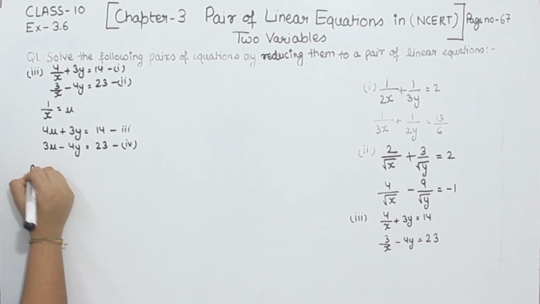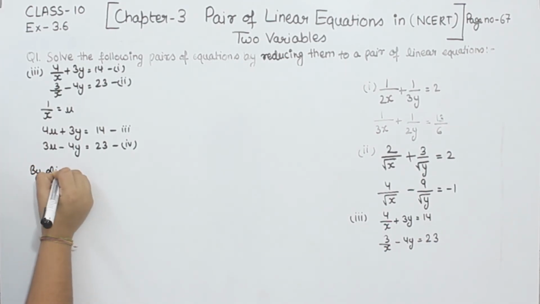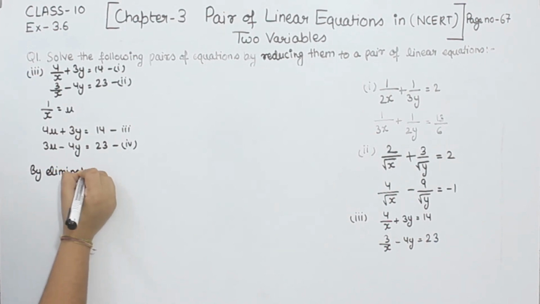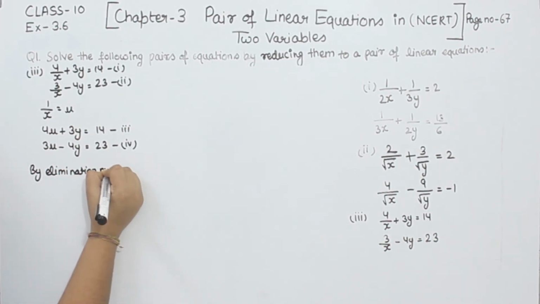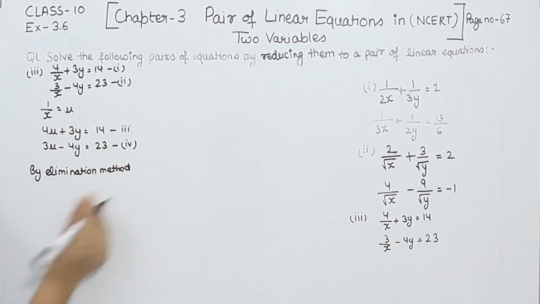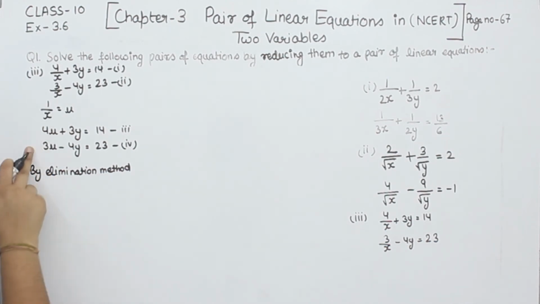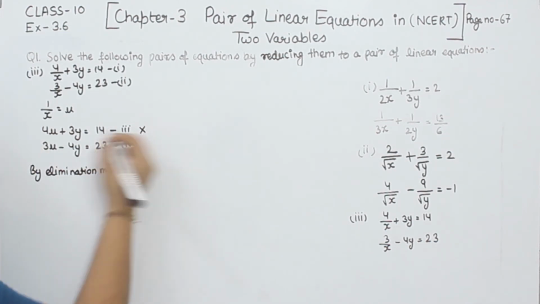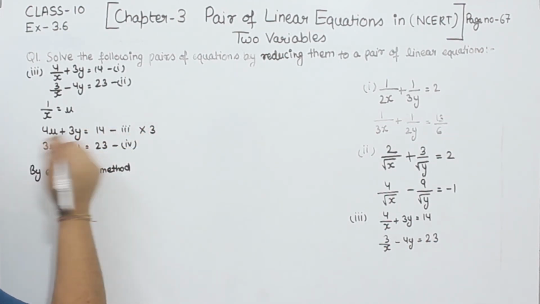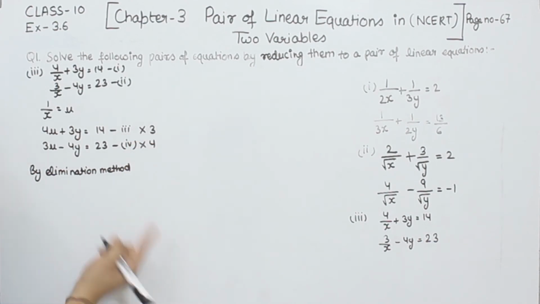So we write here by elimination method. Here we are having 4 and here we are having 3. We are going to multiply the whole equation by the coefficient of the other variable.